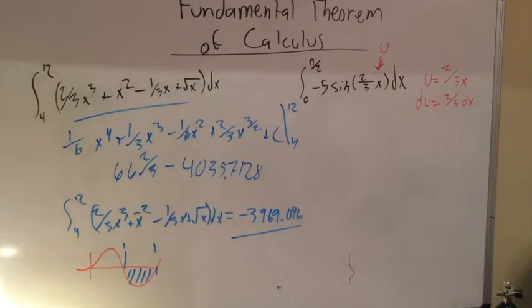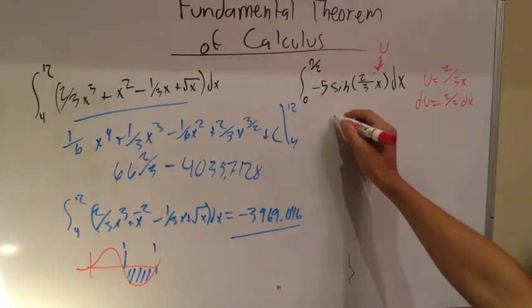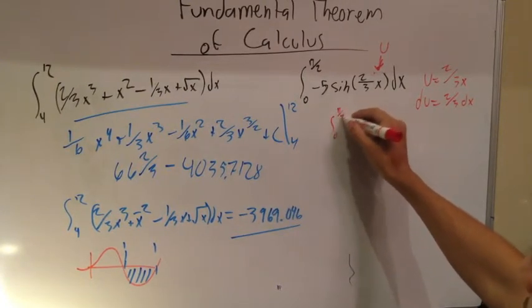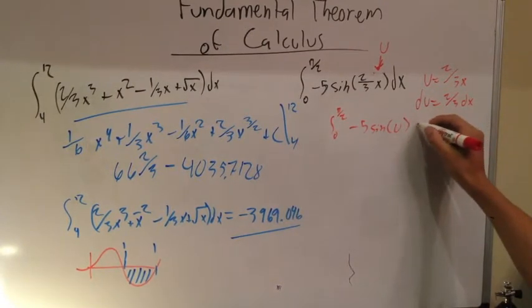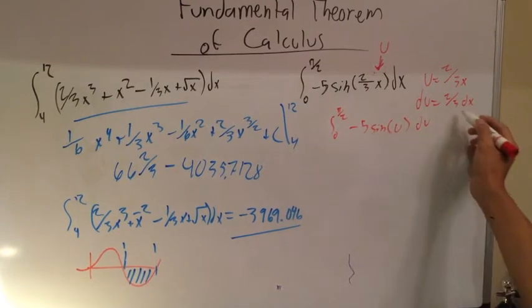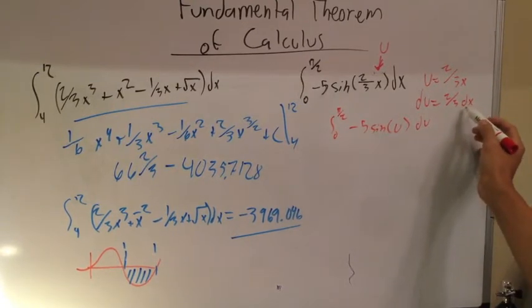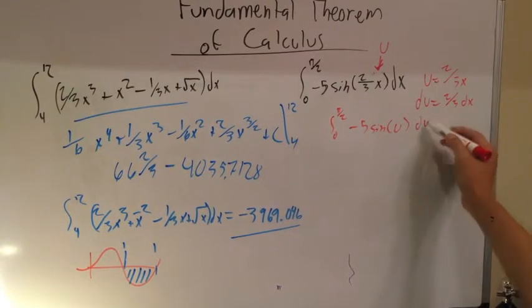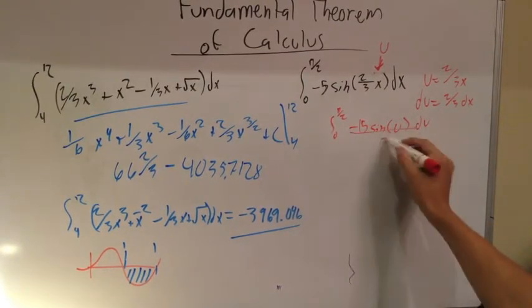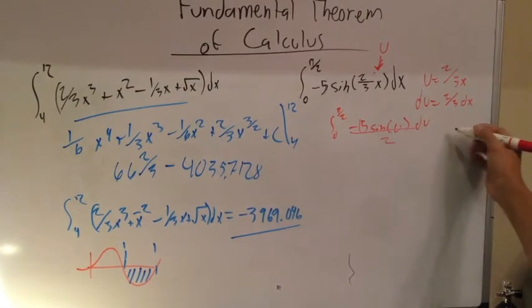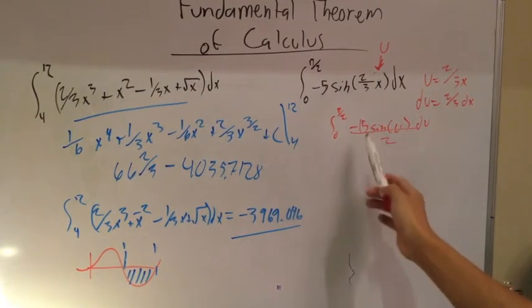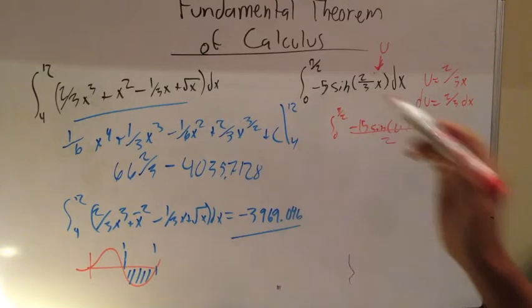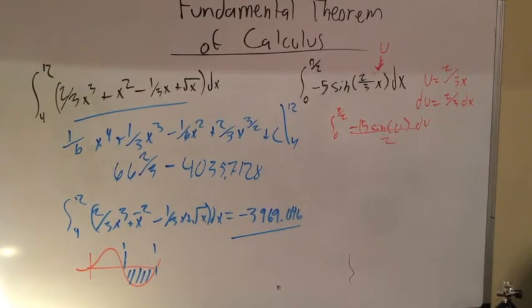Now you can plug in what you know. The integral from 0 to pi halves of negative 5 sine u times du times, because dx equals du times 3 halves, so you divide by 2 and multiply by 3. Now you can isolate the constants here, negative 15 over 2, and put it outside the integral, because the integral of a function times a constant equals the constant times the integral of the function.